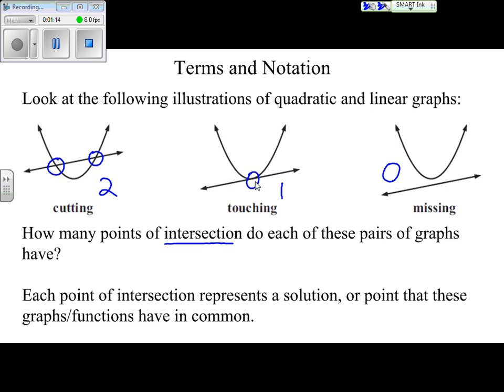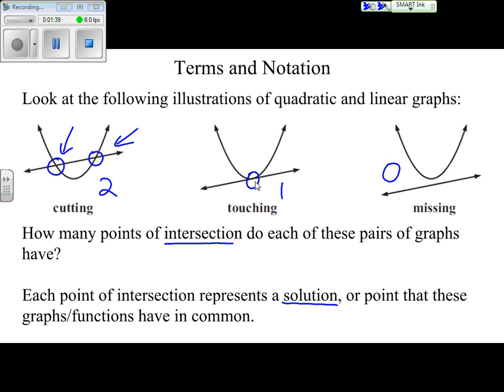Well, why is this important for today's lesson? Each point of intersection represents a solution, or an ordered pair, or an answer that these two equations would have in common. So a point that would make the equation of the line true, as well as the equation of our parabola. And so there would be two solutions for this first one, because there's two places where they cross, two x and y values.